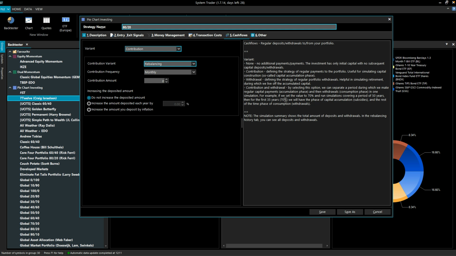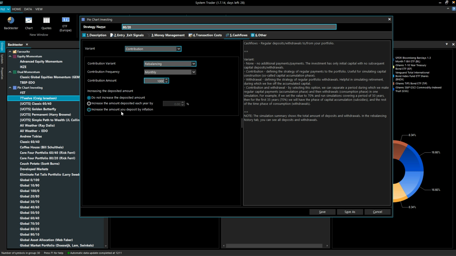Let's say that we want to contribute, and the contribution frequency will be monthly, every month. And the amount of contribution will be $1,000. But the thing is that if we build our capital for decades, $1,000 today is not exactly the same as if it will be in, let's say, 10, 20, 30 years. It's the same story that $1,000 20 or 30 years ago had a totally different value than today.